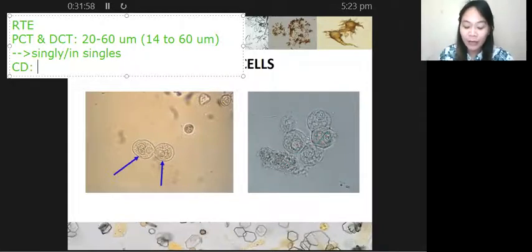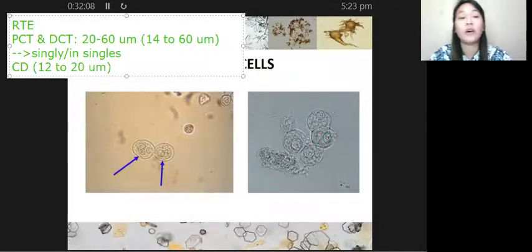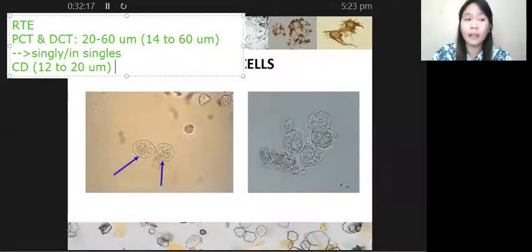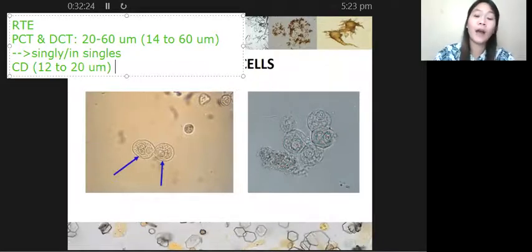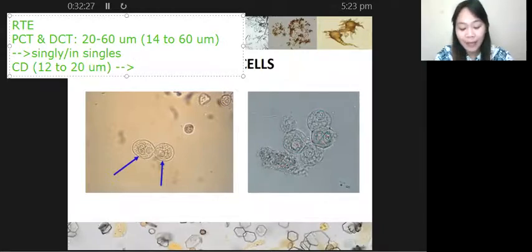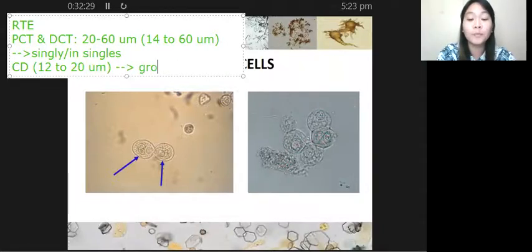If they originate from your collecting ducts, they usually have a size of 12 to 20 micrometers. As compared to the appearance of RTE coming from your PCT and your DCT, which is in singles, RTE cells from the collecting ducts usually appear in groups of 3 or more.